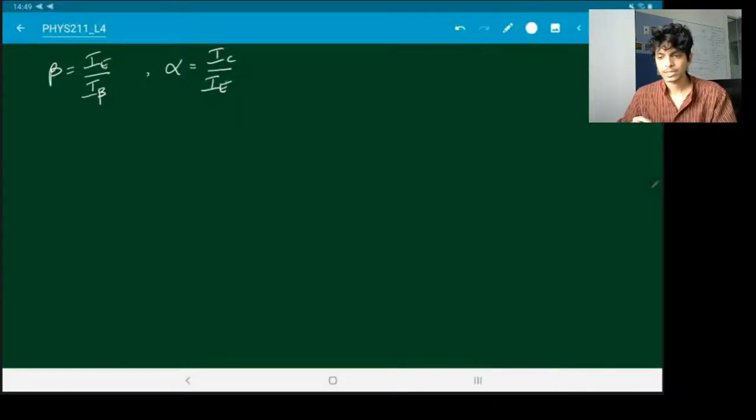Now, a few slides ago, I had defined something called beta, which is IC divided by IB, and alpha, which is IC divided by IE. And alpha was just slightly less than 1, and beta was quite large.